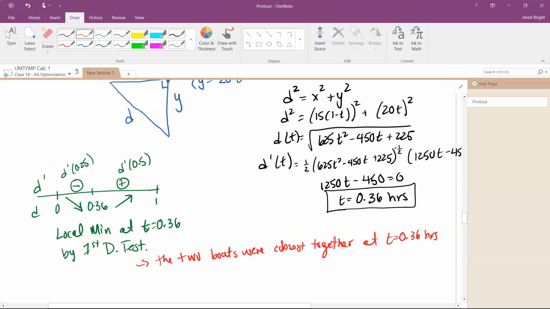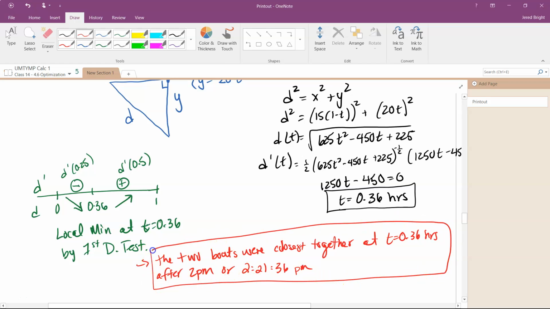But that would be after 2 p.m. Or if I calculate that out in terms of a clock, it ends up being at 2:21:36. So 21 minutes past the hour and 36 seconds.